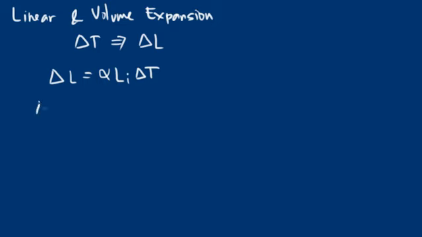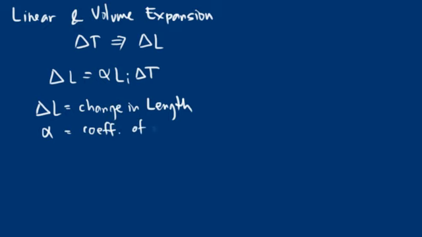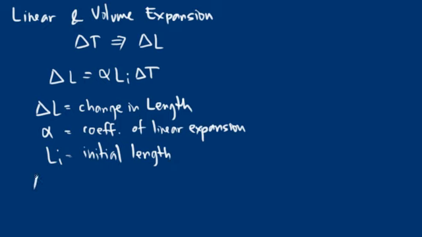Delta L stands for change in length, alpha is the coefficient of linear expansion, L sub I stands for the initial or original length of your object, and delta T stands for the change in temperature.